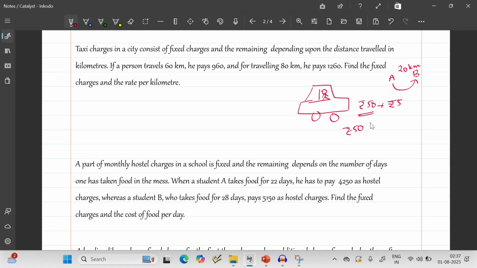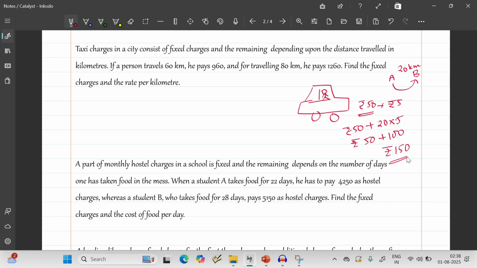Plus for every kilometer that I have traveled, I have to pay him rupees 5. So for 20 kilometers, how much do I have to pay him? 20 into 5. So the total amount that I have to pay him is 50 plus 20 into 5, that is 100, so rupees 150. Rupees 150 is the total amount that I have to pay to the taxi driver.